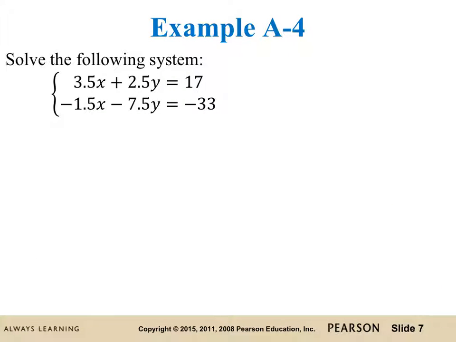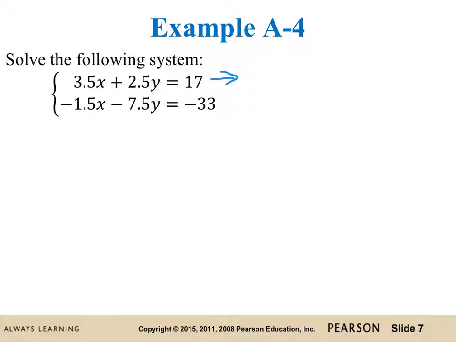So continuing on, here we have a system that has decimals. You can also eliminate the decimals if you choose to do so by multiplying through by a number that will eliminate all the decimals. In this case, I'm going to use that method, and I'm going to multiply through by 10, so that I have whole number coefficients for x and y.